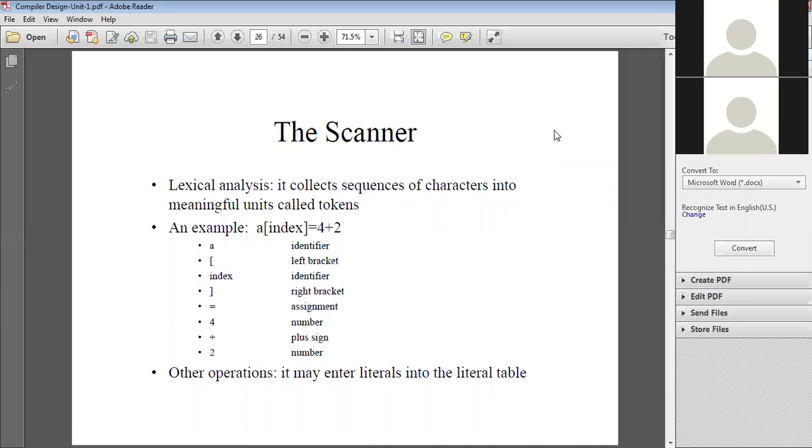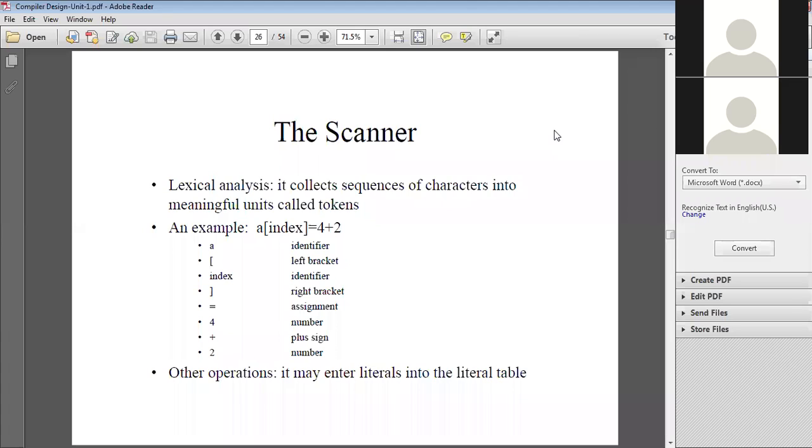An example: A[index] = 4 + 2. Here A is the variable, meaning an identifier, then the left square bracket, then index, again an identifier, then the right bracket, then the equal sign, which is called the assignment sign, 4 is a number, the plus sign, and 2 is a number.